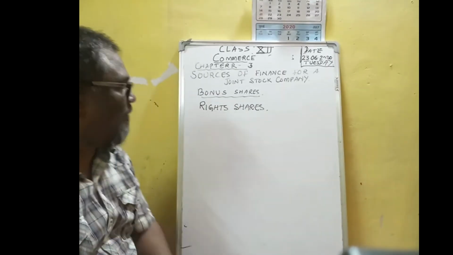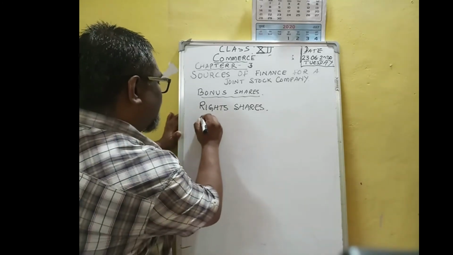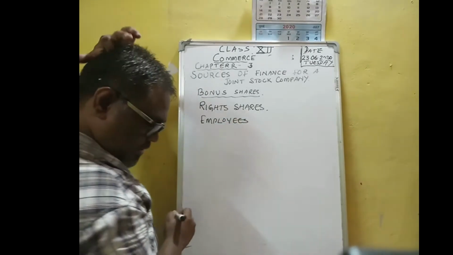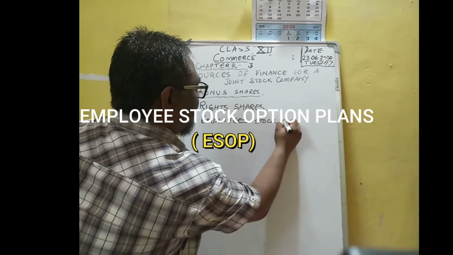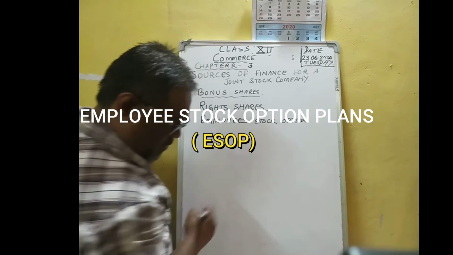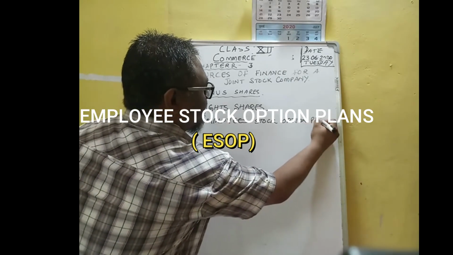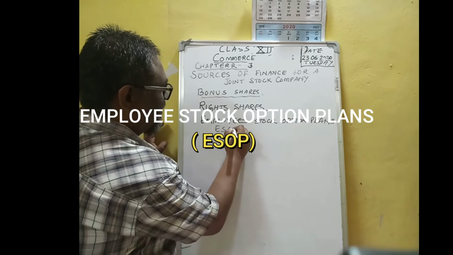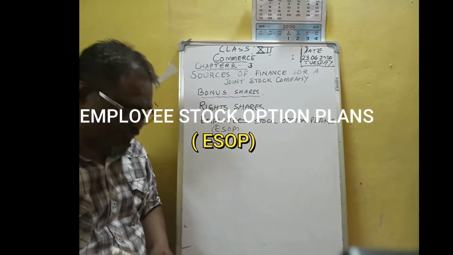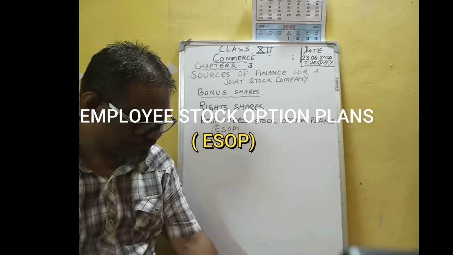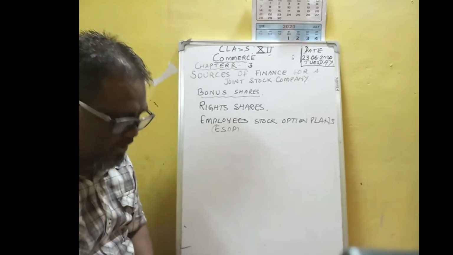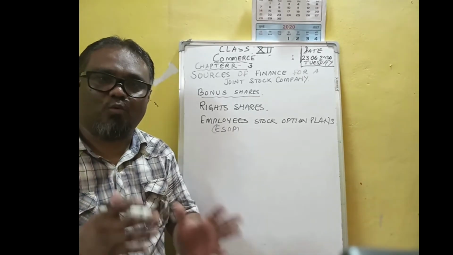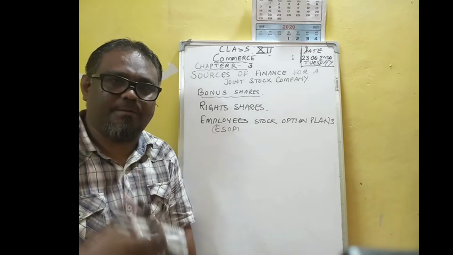Now we have the next topic, employees stock option plan, ESOP. Here, in this scheme, the employees of the company are given a right to purchase a specified number of shares at a lower value than the market value.